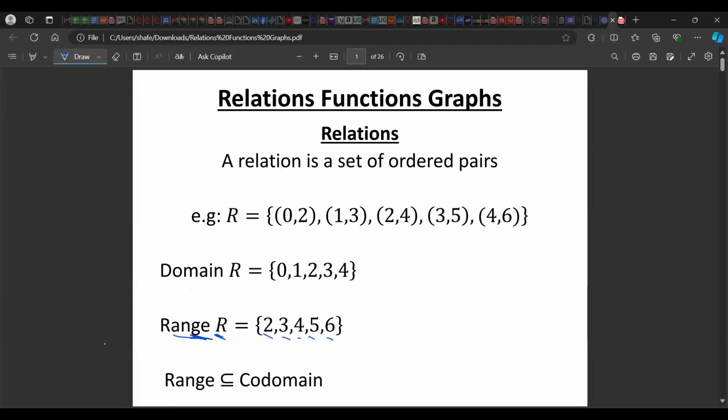You put in 0, you get out 2. You put in 1, you get out 3. You put in 2, you get out 4. You put in 3, you get out 5. You put in 4, you get out 6. So the range is actually the output. What is going to come out of this mathematical machine.